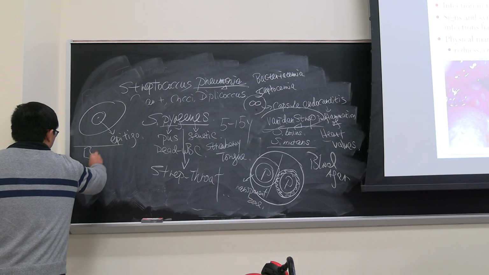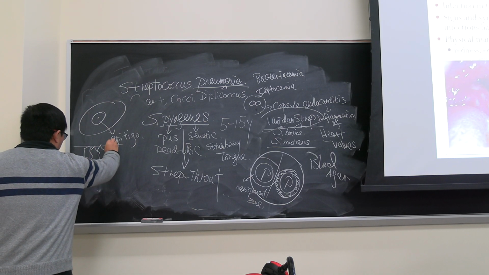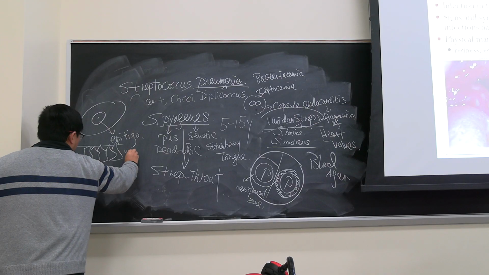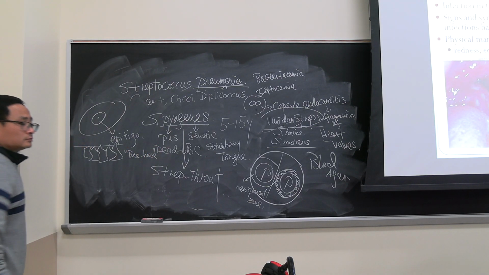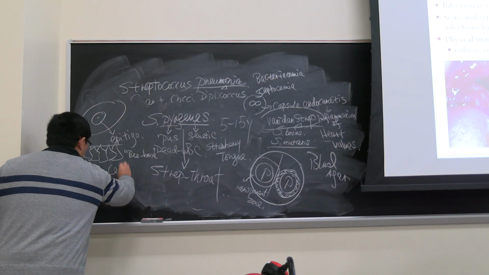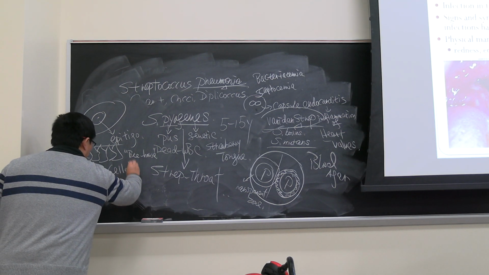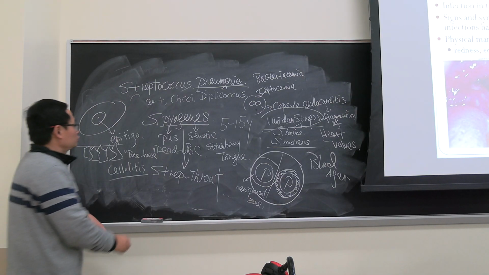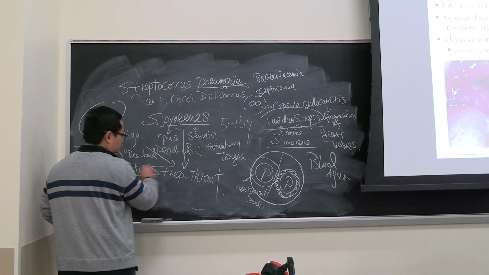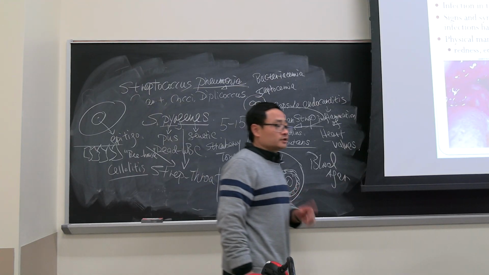Underneath the tissue, you see something like that. Like a beehive. We call it cellulitis. Then they start to develop strep throat. Strep throat is a later stage.